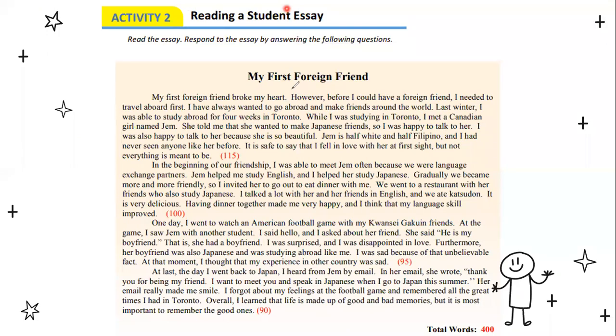So after the hook, that's the first sentence, here the background information starts and goes before the thesis statement. So all these are the background information. You have to read them and read the story and tell me why they are important. Remember, I write the background information to put the reader in the mood, to introduce the reader to the situation, to the story that I'm going to talk about, okay?